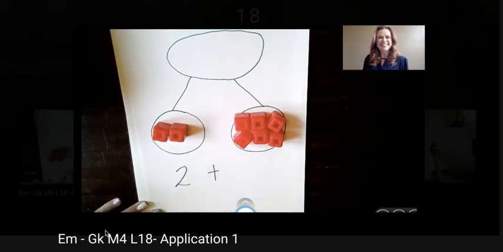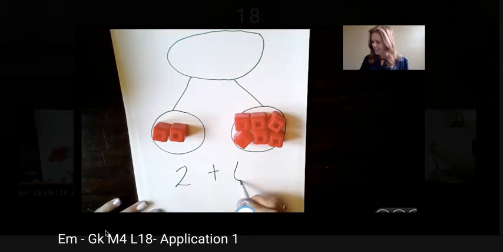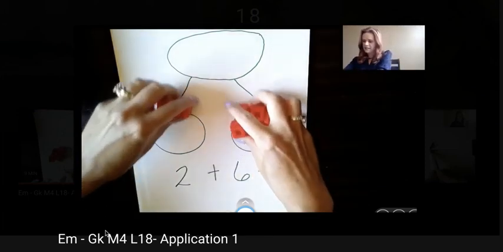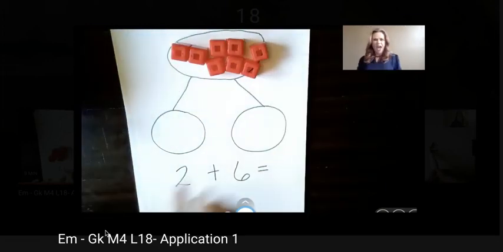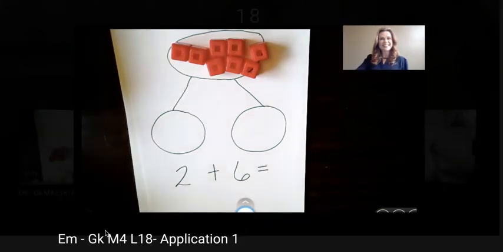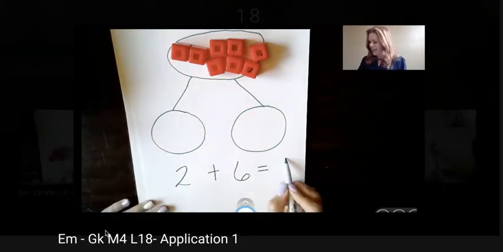Say it. 6 is the same as, remember, when we have our 2 parts, we put it together to make our whole. So let's move those together. And what is our whole? Think. Say it. 8. We have 8 pieces of fruit.